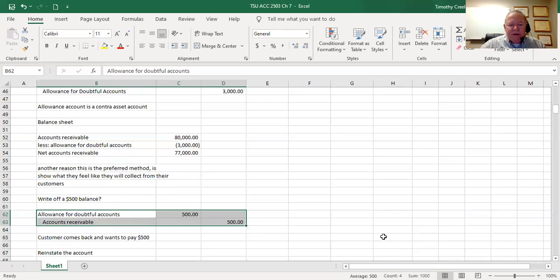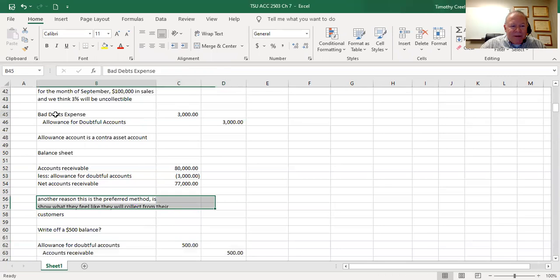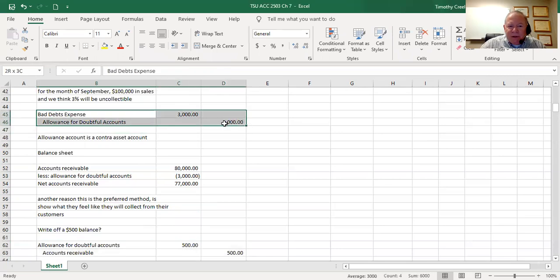Now, notice with this journal entry to write off an account, since we're doing the allowance method, and since we recognized the expense with our initial entry, notice the initial debit to bad debts expense, we've already recognized the expense. And since the allowance account is set up to be whatever we feel like we're not going to collect, then we would just take any actual write-offs out of the allowance account.